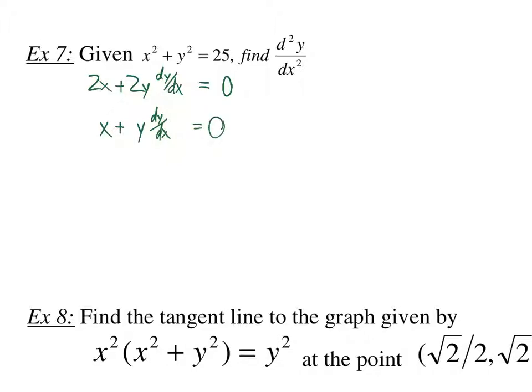equals 0. Now, on the side here, I'm also going to find out what dy dx is, and you'll see why in a minute. I subtract the x from both sides, and I have y times dy dx equals negative x, so dy dx equals negative x over y.